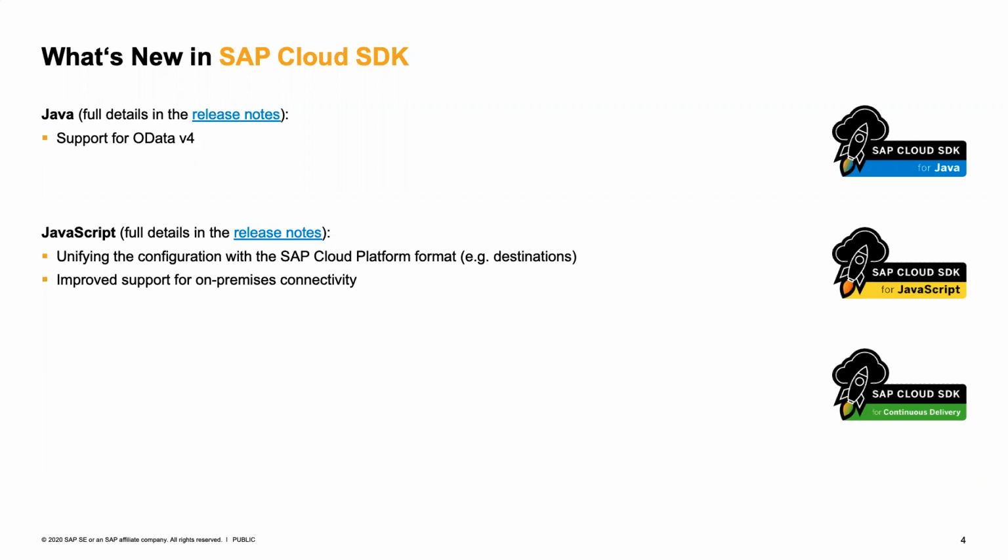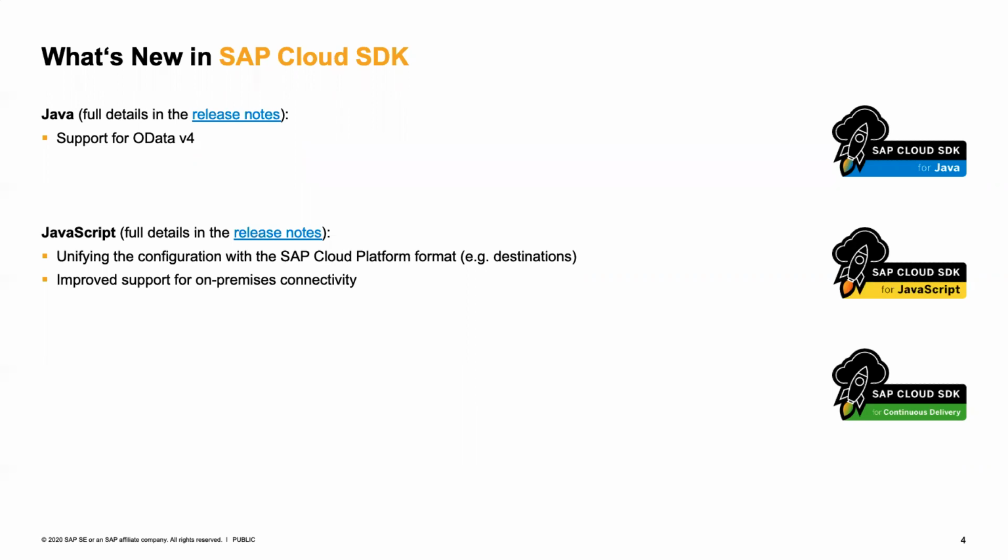Moving to JavaScript, there we unified configuration so that the Cloud SDK now supports reading out SAP Cloud Platform configurations, so that different things like, for example, destinations don't need to be configured twice, but only need to be configured once for the SAP Cloud Platform.